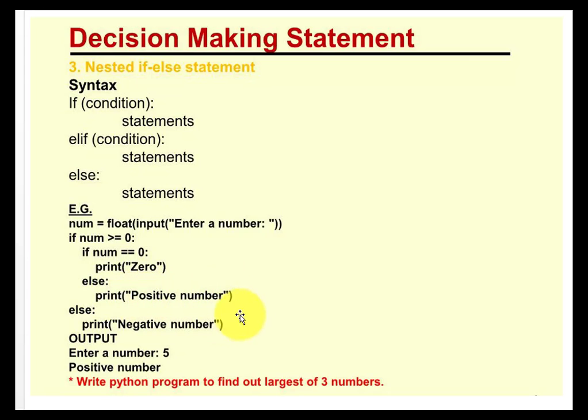What? Positive number. Clear to you? If we input -9, is -9 greater than or equal to 0? No. So that statement will be false, and our program directly comes over there, and the negative number statement will be executed.